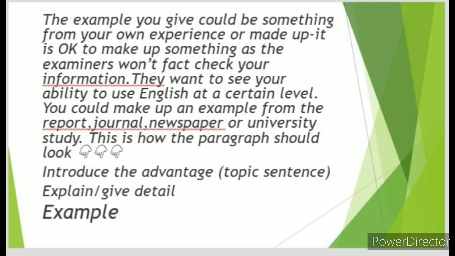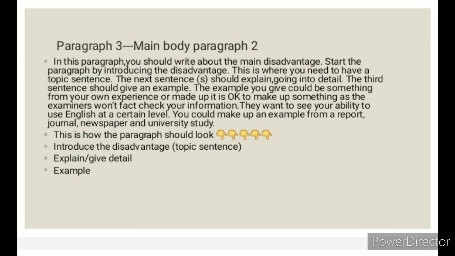Paragraph 3. Main body paragraph 2. In this paragraph, you should write about the main disadvantage. Start the paragraph by introducing the disadvantage. This is where you need to have a topic sentence. The next sentence or sentences should explain, going into detail.